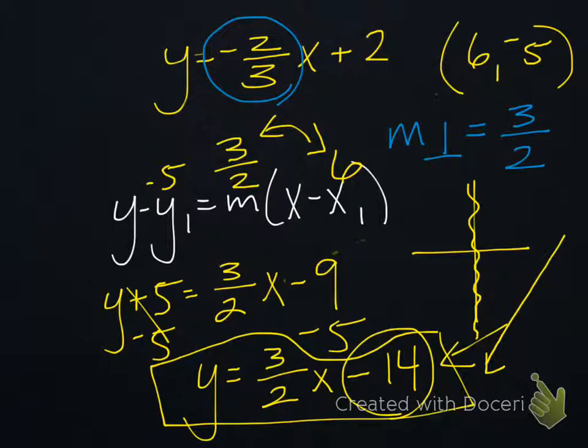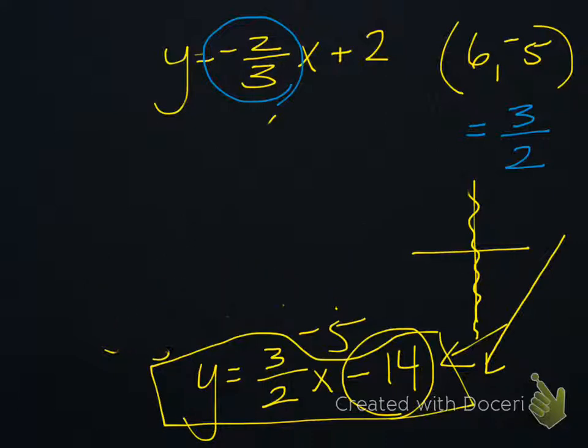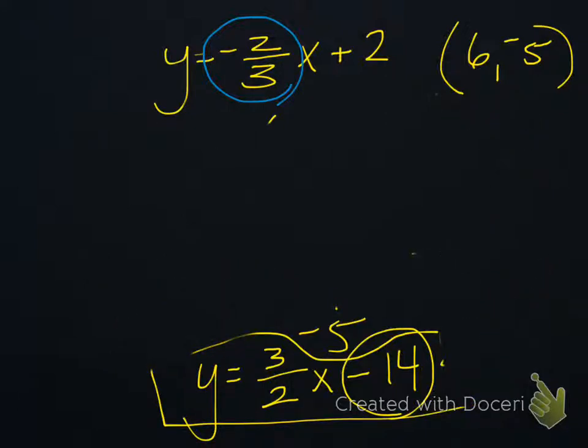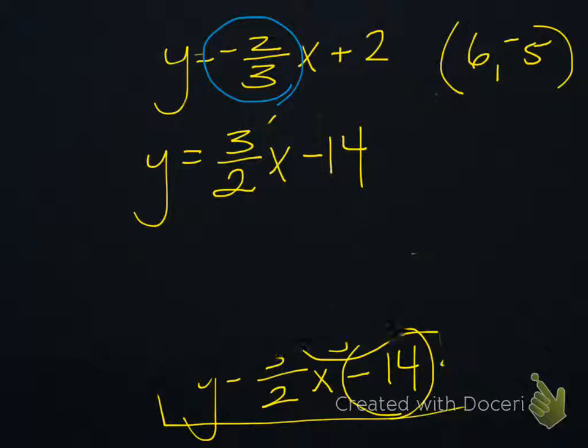And now, as you recall, we've got to write it in standard form. And so I'm going to erase all this other stuff so that I can rework this form. So currently I have y equals 3/2 x minus 14, and I want to write that in standard form.